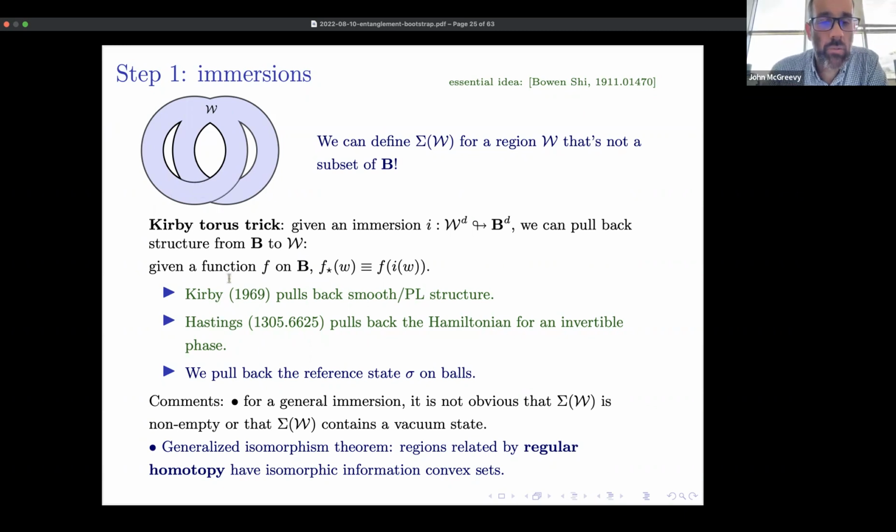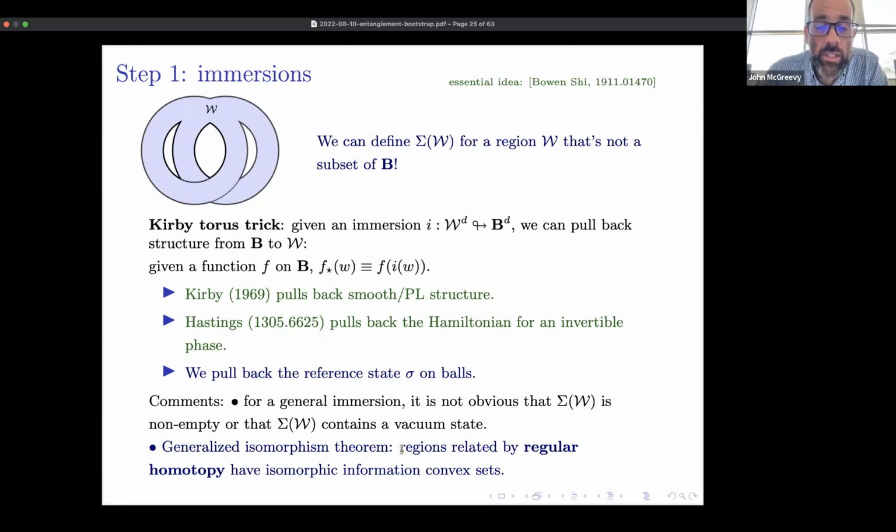So a few comments. Given some general immersion, if I just draw some picture like this, it's not obvious that the information convex set of that manifold is non-empty, and it's certainly not obvious that it contains a vacuum state, some analog of the reduced density matrix of the reference state. But one thing that we do know is that the isomorphism theorem generalizes.